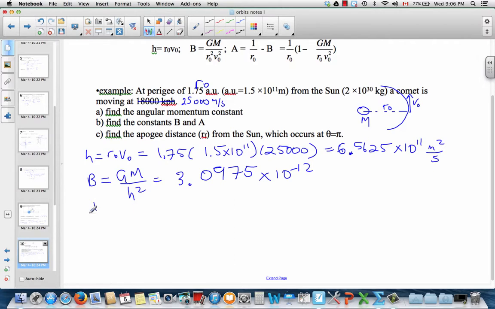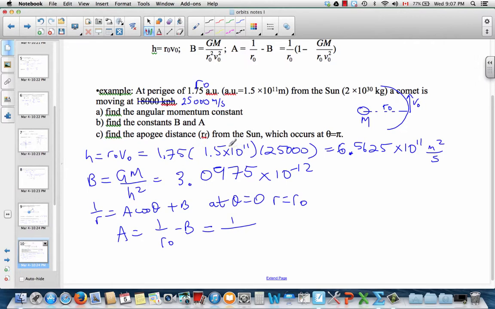So we know that 1 over r is A cos theta plus B. At theta equals 0, we've defined that as being our distance of closest approach. Cos of 0 is just 1, so A becomes 1 over R0 minus B. Just bringing the B to the other side and making cos of 0 1. So this is 1.75 astronomical units.